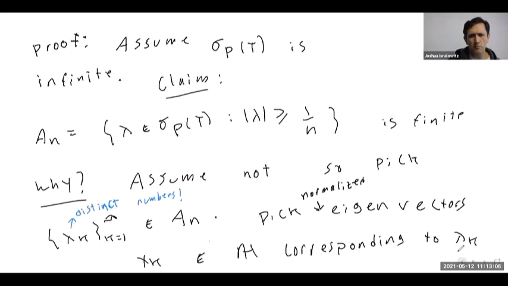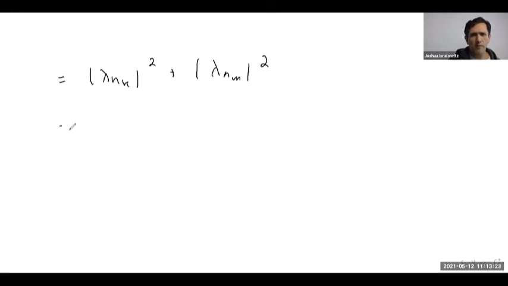But these are very special eigenvalues. They're in A_n, so each eigenvalue in absolute value is bigger or equal to 1 over n. So this is 1 over n squared plus 1 over n squared, so it's 2 over n squared.